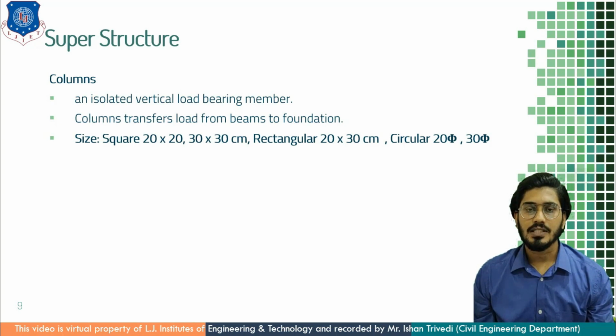The size varies: 15 centimeter by 15 centimeter, 20 centimeter by 20 centimeter, 30 centimeter by 30 centimeter for square columns, whereas for rectangular columns it is 20 centimeter by 30 centimeter. For circular it is 20 centimeter diameter or 30 centimeter diameter.